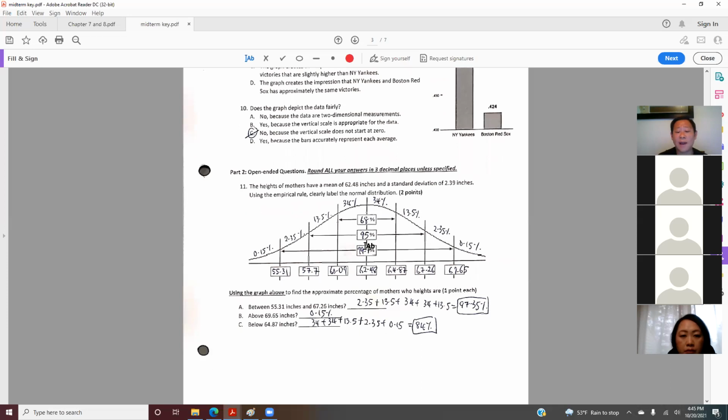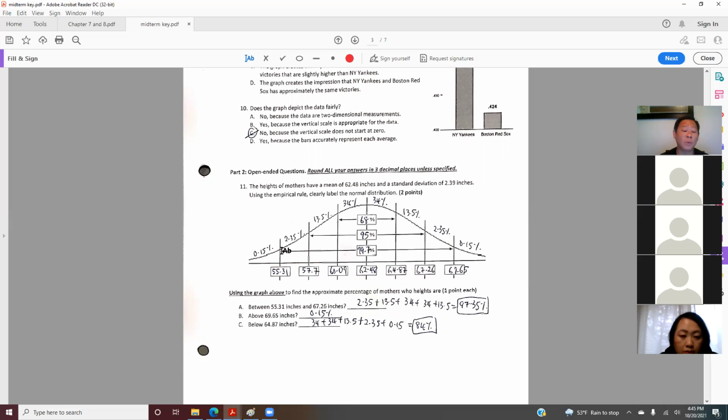The 68, 95, and 99.7 is what we call the empirical rule. In order for you to find this number, you take the mean plus the standard deviation. So you plus one, keep on adding. So the mean is 62.48 and you add 2.39 in this case to get the rest.